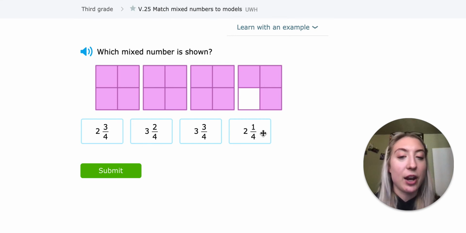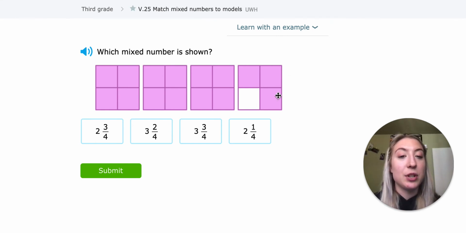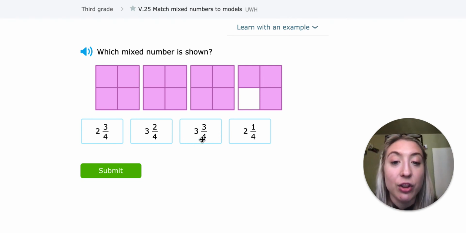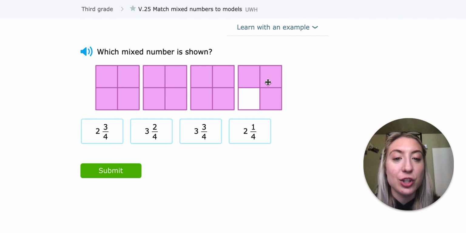So now we look at our fraction. We have a total of 1, 2, 3, 4. 4 equal parts. So we know the denominator should be 4 because our whole is divided up into 4 smaller squares. And we look here, they both have the number 4. So the top number is how many are shaded in. 1, 2, 3.